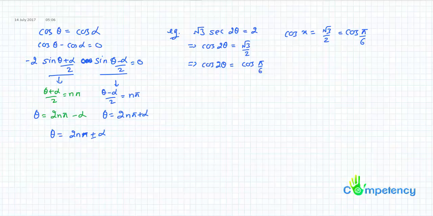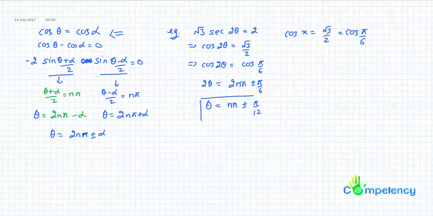Now our question has come to the format cos theta equals cos alpha, and we know that in that case the value is 2n pi plus minus alpha, so plus minus pi by 6. Obviously we don't have to find this, we have to find theta. So this theta will be equal to n pi plus minus pi by 12. So this is our solution.